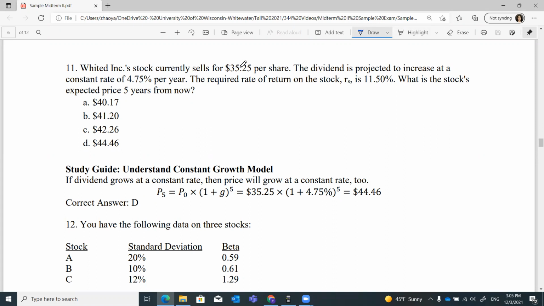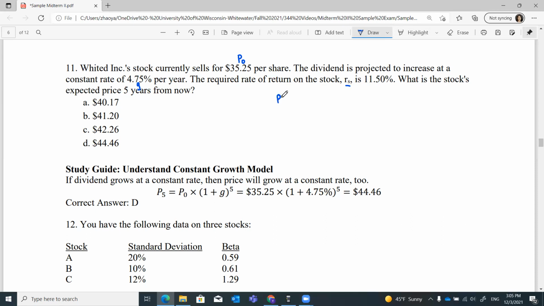So 35.25, this is P0. And 4.75, this is the growth rate. The required rate of return on the stock RS is 11.5%. What is the stock's expected price 5 years from now?